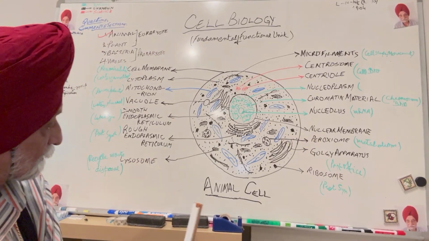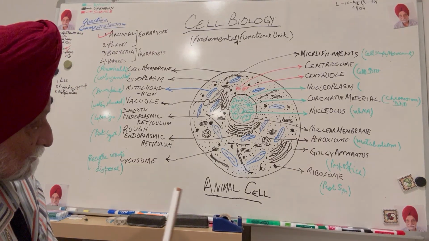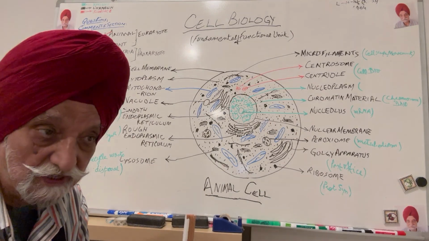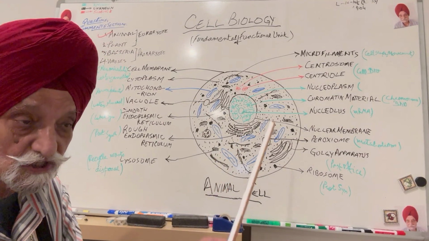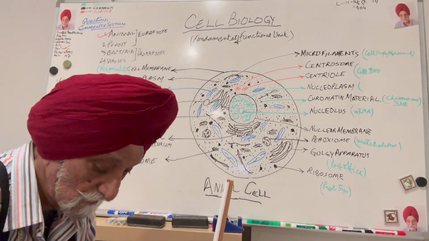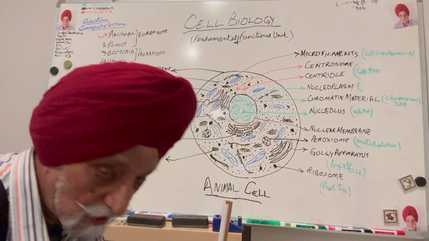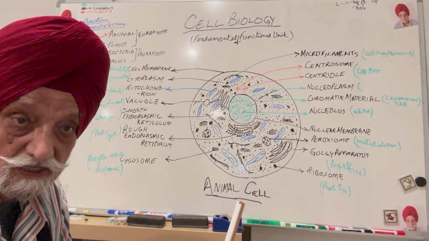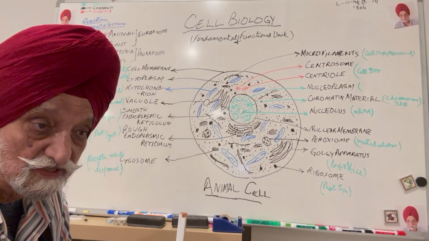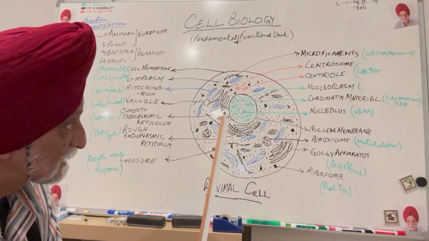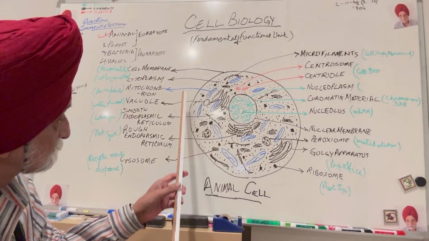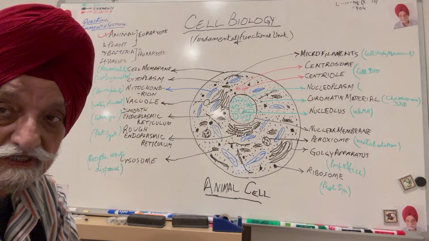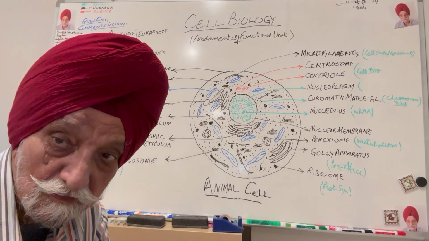Now, coming to a general cell, which is of this shape, each cell separates itself from the surroundings. What I mean is that each cell has a boundary wall. And this boundary wall is called the cell membrane.